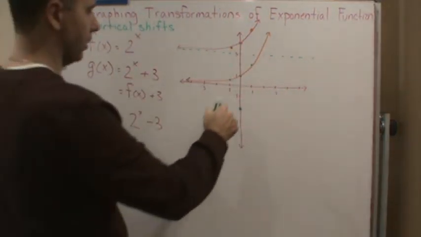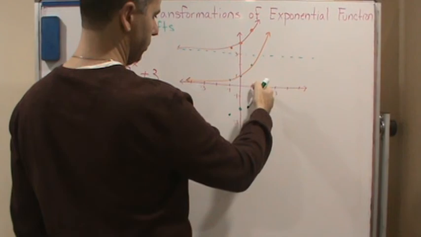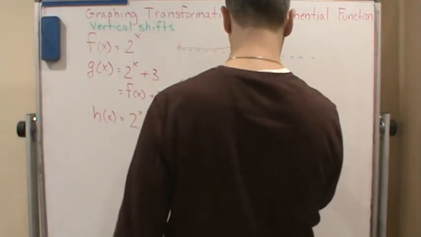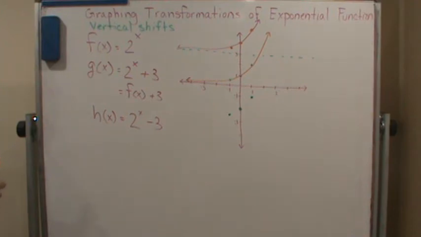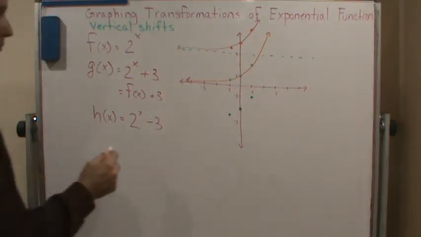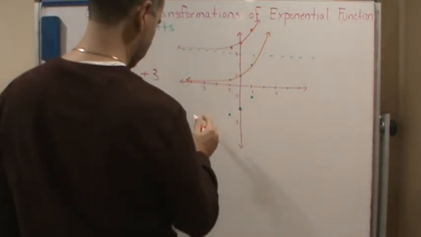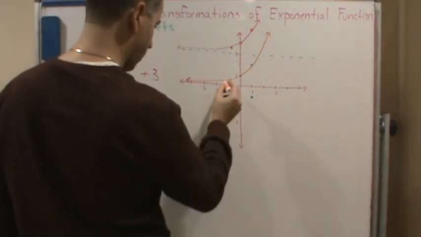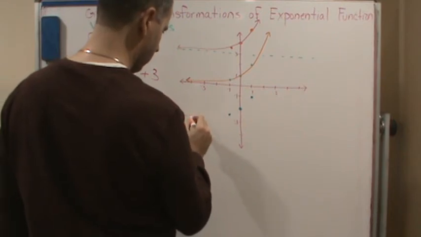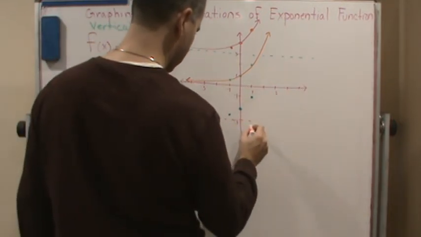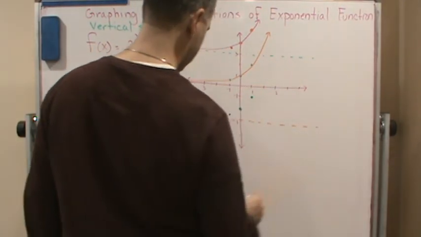And then this one's going to go down 3, so 1, 2, 3, to here. And of course the asymptote also goes down 3, so it's going to go to y equals negative 3. Close enough.